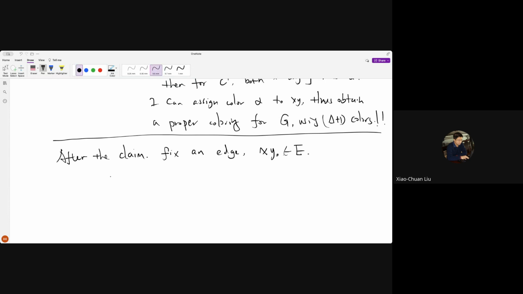So for the graph G minus xy0, we fix the coloring C0 which exists by induction, using at most delta plus 1 colors.